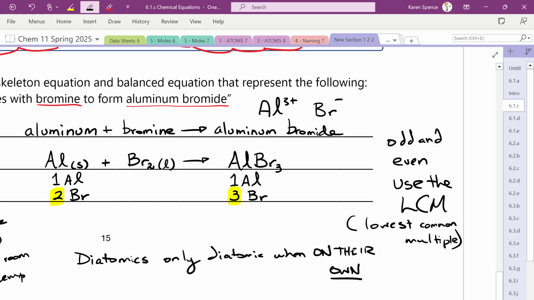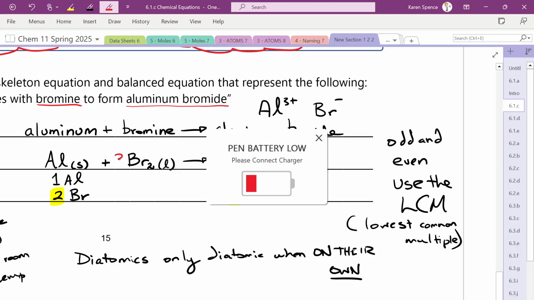What is the lowest common multiple of 2 and 3? 6. Okay, so I don't want 2, I don't want 3, I want 6. So in front of my Br2, to get 6, I'm going to put a 3, and that's going to change this to a 6. Do you see how you can keep track of your changes down in your little chart below?